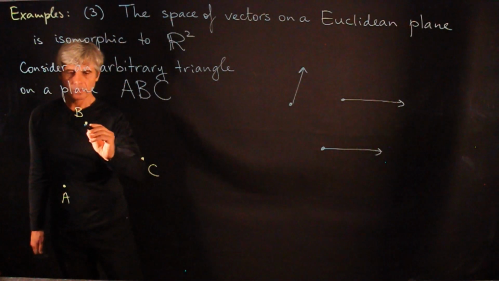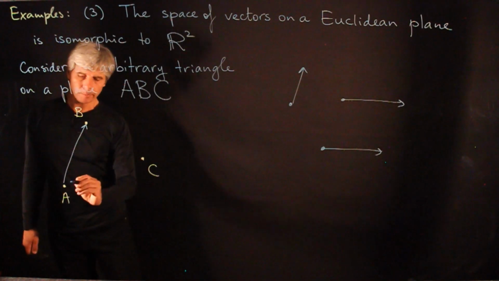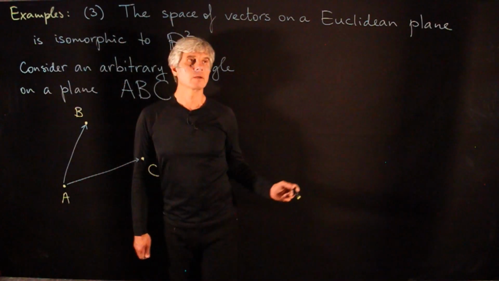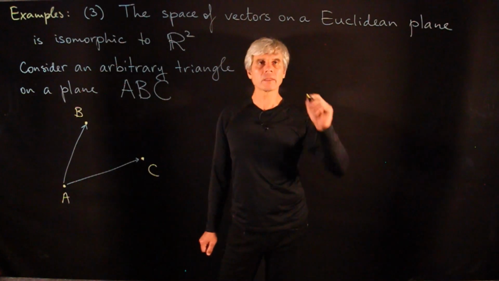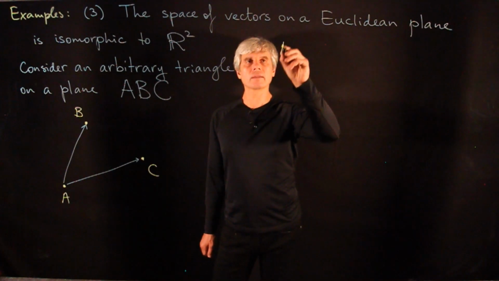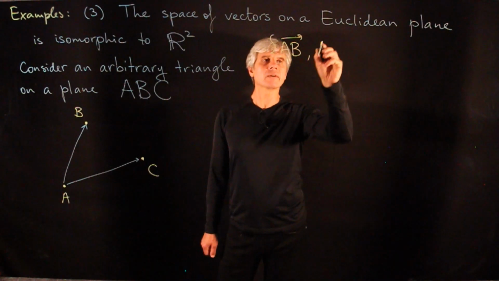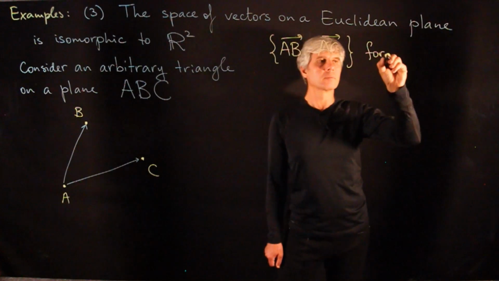So next, we consider two vectors. So from A to B and from A to C. From our discussion of vectors on the Euclidean plane, we know that this pair of vectors, AB and AC, form a basis.